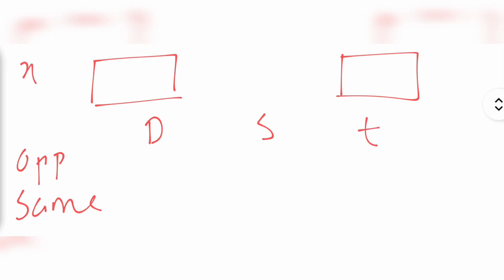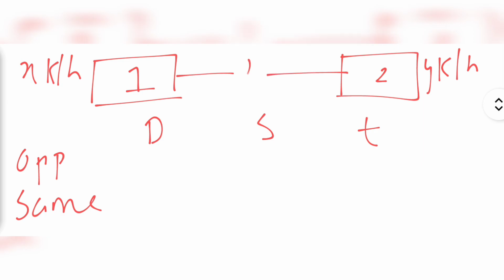Say suppose this has x kilometers per hour speed, this one has y kilometers per hour speed. This is train 1, this is train 2. The distance between them is something, z for example. What is the effect on their distance when these two trains move in the opposite direction, meaning facing towards each other or facing away from each other?